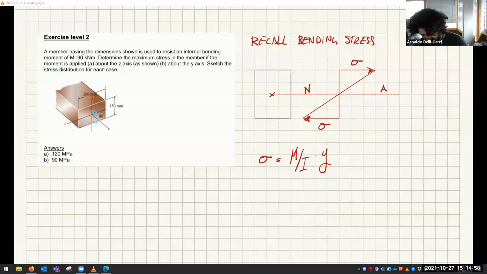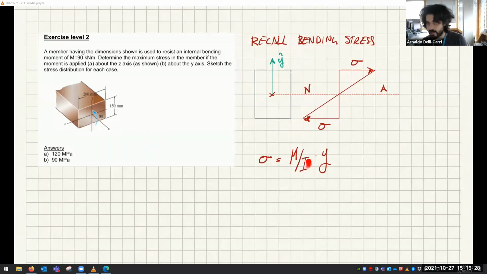And let's say that y is this coordinate here. So as you can see, as I move away from y, this is my origin. So if y is positive, this becomes positive. And if y is negative, this becomes negative. So this is a compressive stress at the bottom, the tensile stress at the top.